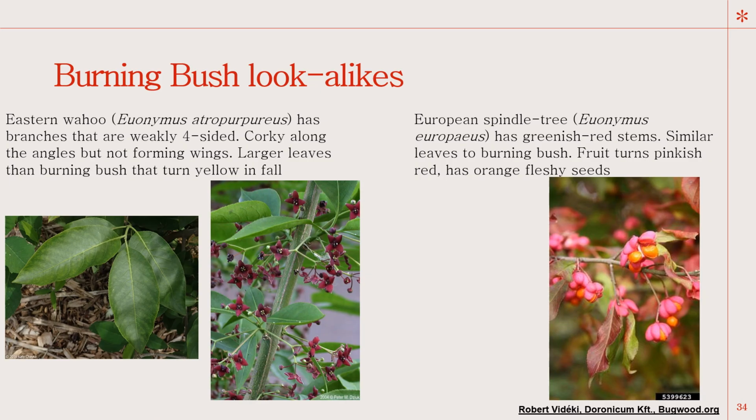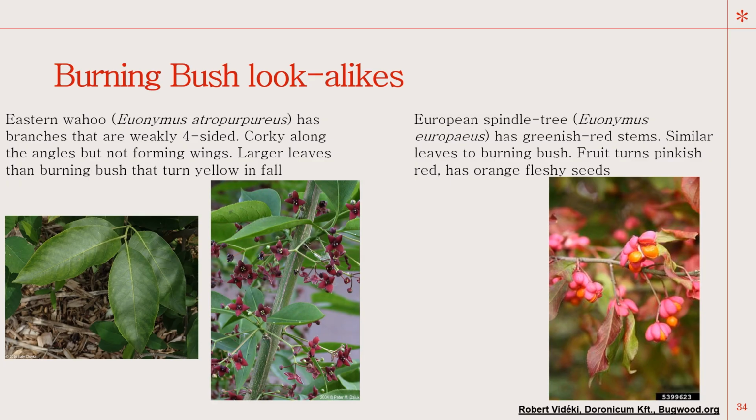And there are a couple of lookalikes. Both of these species are in the same genus, Euonymus. So we have our eastern wahoo, which is relatively uncommon here in Door County, but it's still something you might encounter. Its branches are weakly four-sided, so you may sometimes see them as a square, sometimes maybe not.